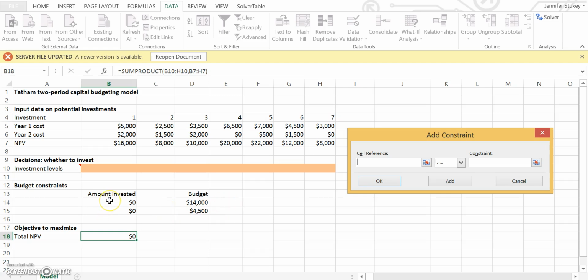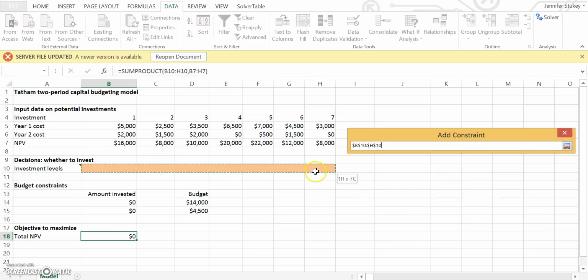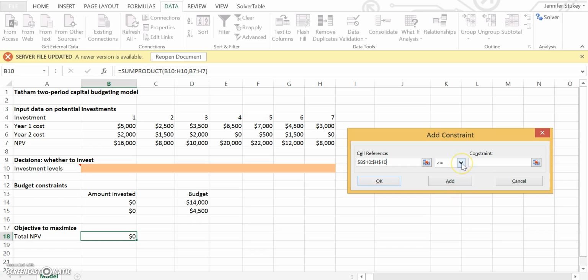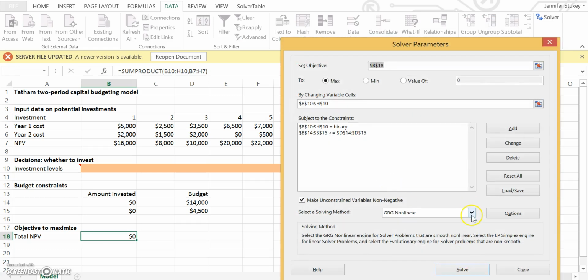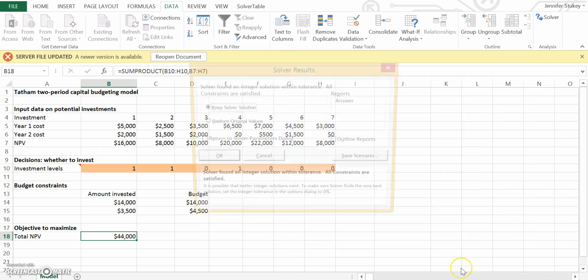But we can actually put that in at the same time by selecting both of these cells and saying that they have to be less than or equal to this range. And then we can add our investment level cells, which is our decision cells, and put them as a binary. We have to constrain them to be binary. Do OK. And then make sure you're on Simplex LP and go ahead and press solve.